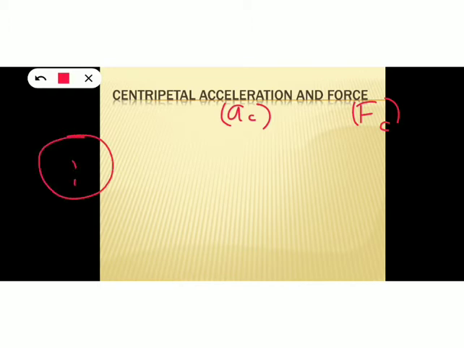O is the center of the circle and initially let the particle be at the point A. After a time t, the object is at the point B, and let the angular displacement be theta. Now let this vector be r1 vector.